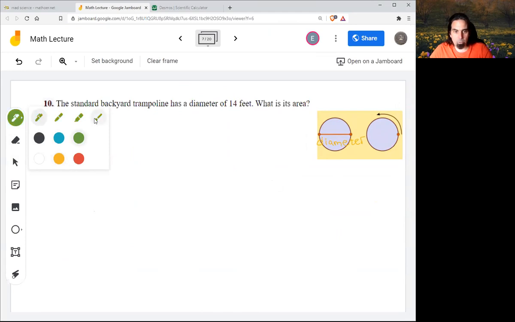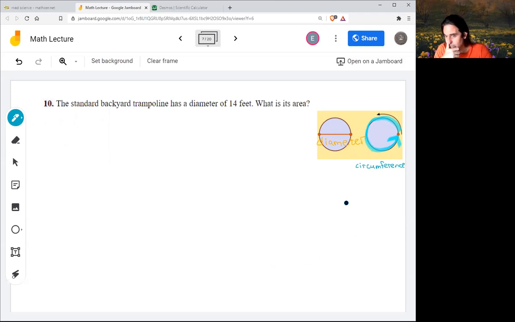Going all the way around is called the circumference. I'm not sure why we need another word because perimeter was great, but there we go. And then we have this formula that says that the circumference is pi times diameter.